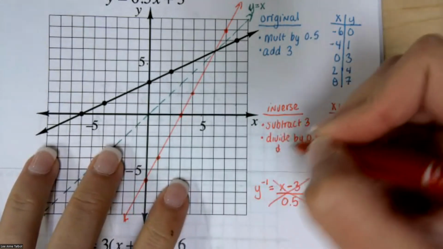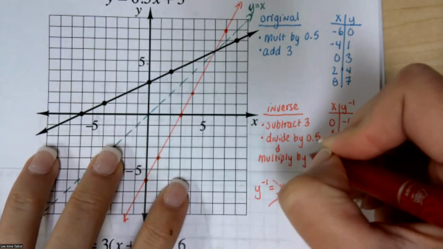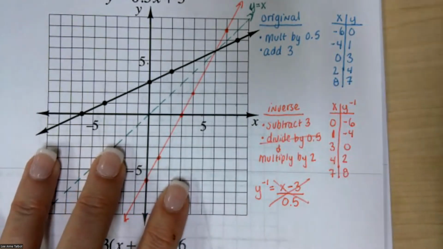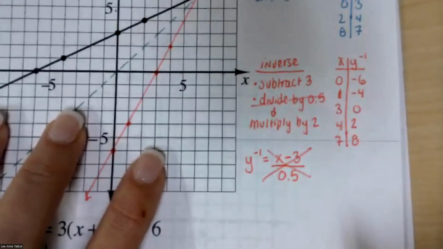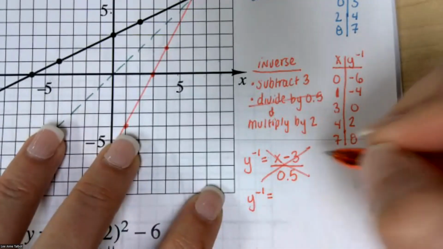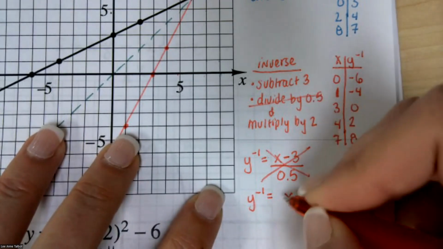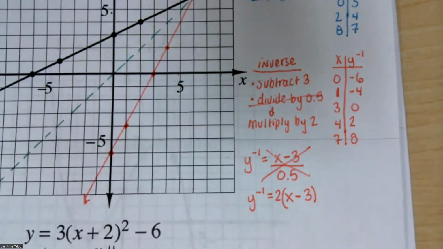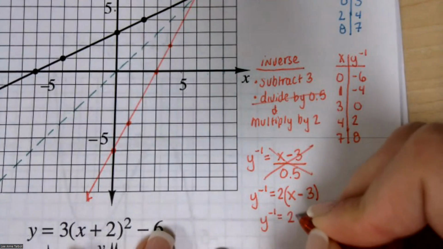Okay, so I'm going to take this step and lightly cross it out here because I don't want to use it. So now x, subtract 3, and then multiply by 2.